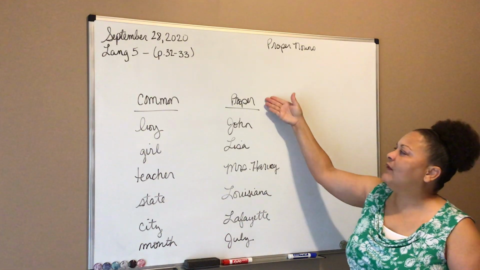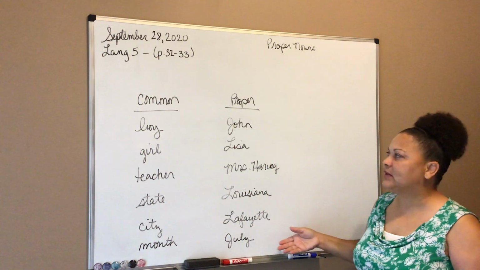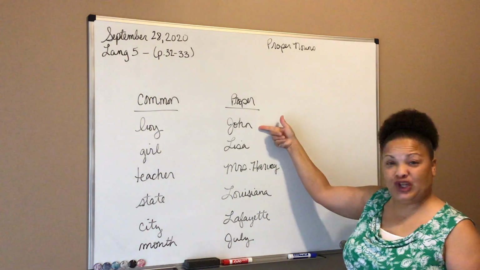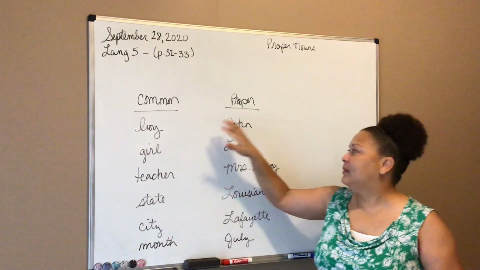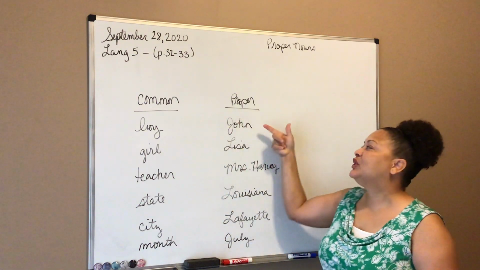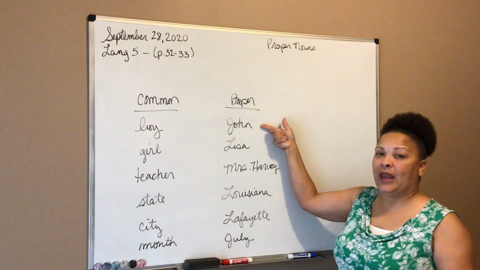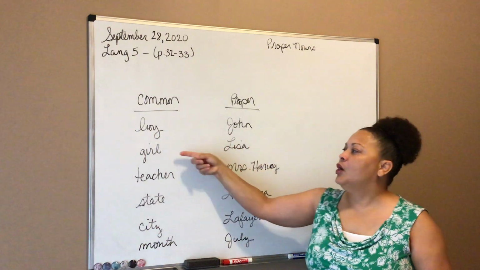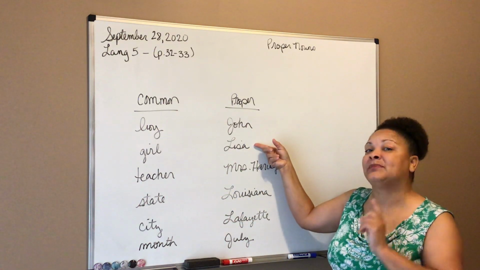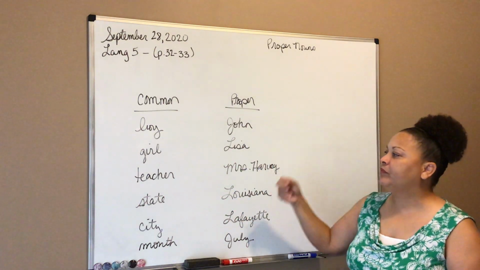But here we have a few proper nouns, okay? So I know a particular person who is John, right? The boy's name is John, okay? So boy is common because it could be any boy, but John is a specific boy, a particular boy, okay? Girl is just any girl, but Lisa is a specific girl, okay?